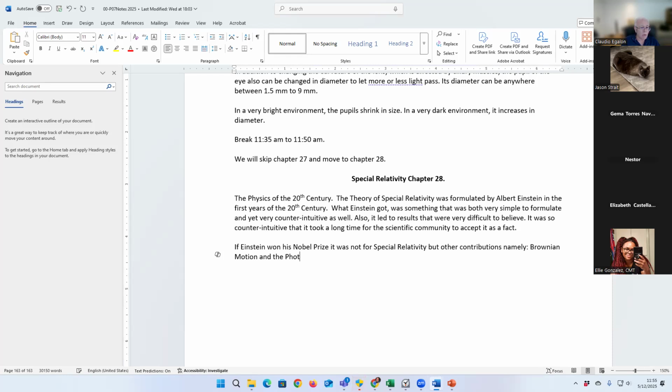The Nobel Prize committee didn't mention the special theory of relativity or the general theory of relativity, okay? Imagine if Einstein had come up just with the special theory of relativity and hadn't made any contributions on the Brownian motion or the photoelectric effect. Most likely he wouldn't have won the Nobel Prize.